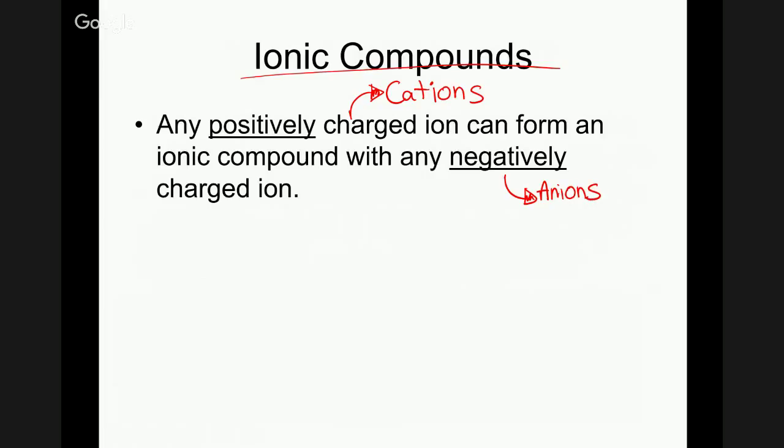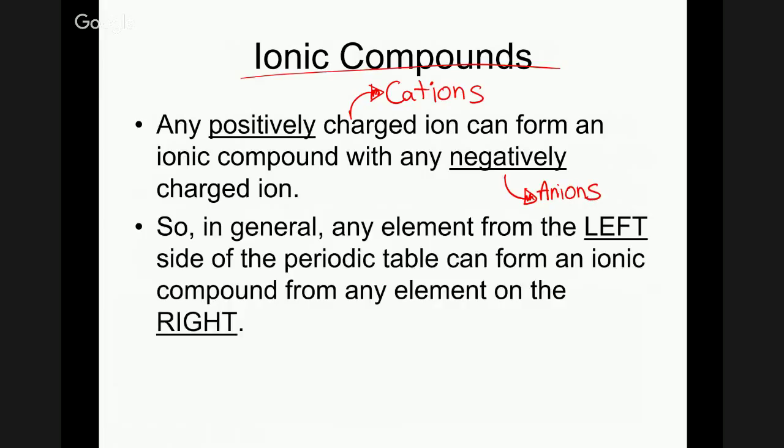So cations and anions. In general, that means any element on the left of the periodic table, because remember the left is all things with low electronegativity. They're all happy to lose those electrons. They can react to form an ionic compound with any element on the right, because these all have high electronegativities. They're all really trying to get electrons.